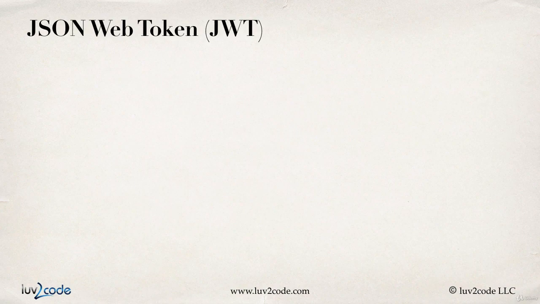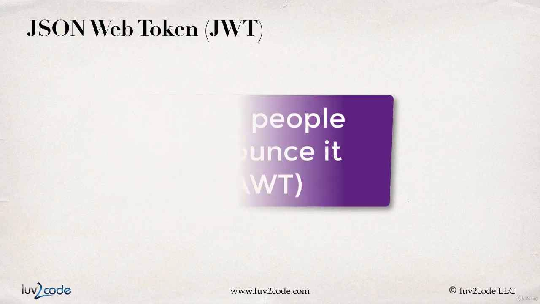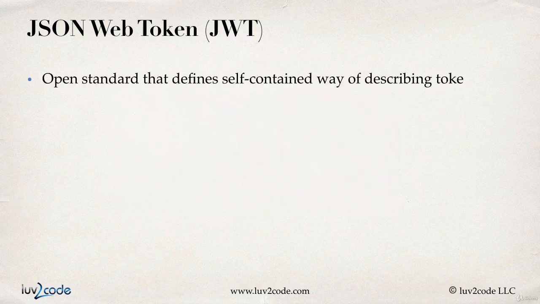So I've been mentioning a lot about tokens. Well, there's a standard way of describing a token, and that's using the JSON Web Token or JWT. And just a quick side note here, you may hear some people also refer to this as JWT, J-A-W-T, as far as pronouncing it. So it's up to you if you want to use either pronunciation. It's an open standard that defines a self-contained way of describing tokens.